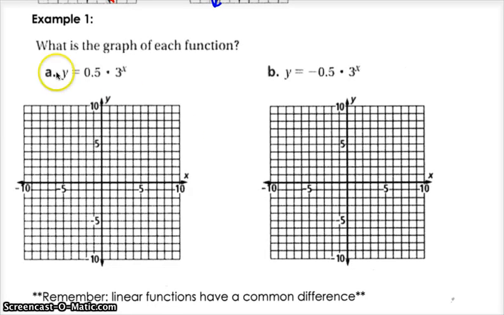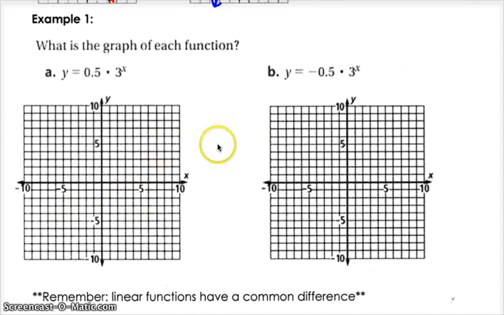If we look at example number 1, we are given two exponential functions, and you can see that the base, that b value, is the same, but the a value is one's positive and one's negative. So our graphs will be reflected over the x-axis.